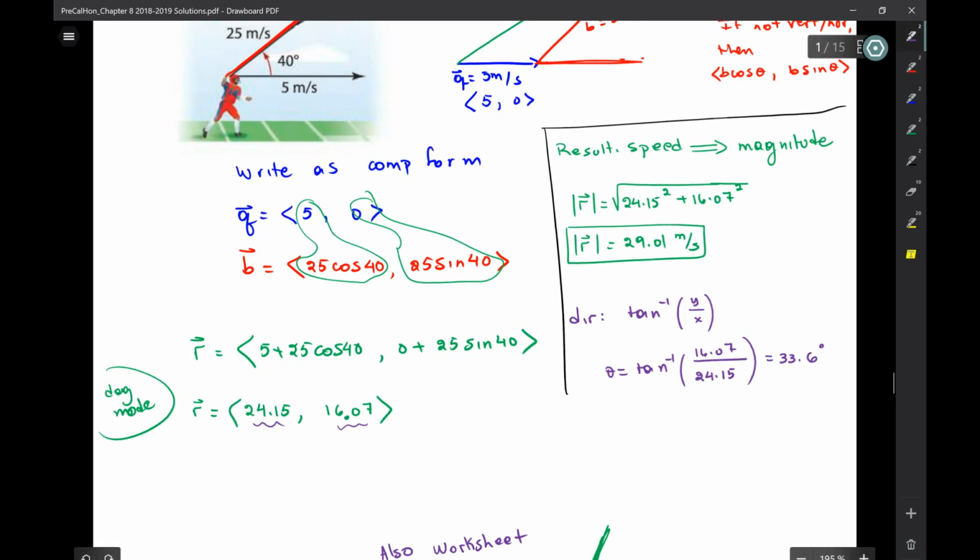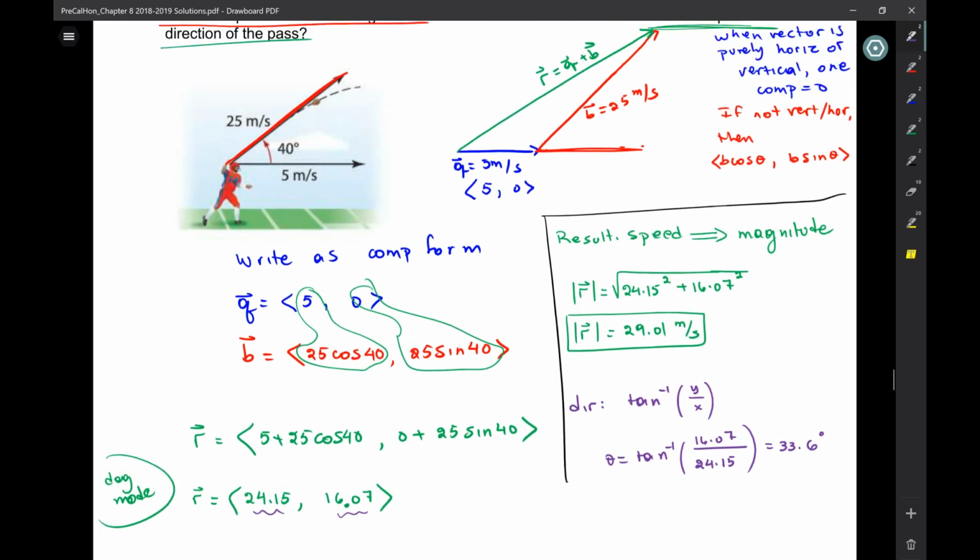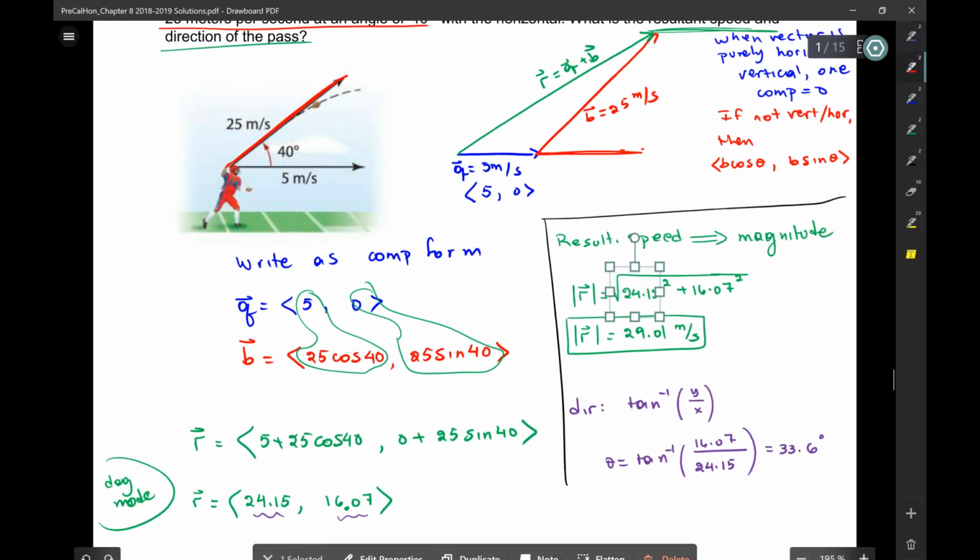Let's think if that makes sense. This, we said, had an angle of 40. You see the green line? It's tilted a little bit lower. That has a direction of 33.6. If we drew it perfectly to scale, it would have been more obvious.